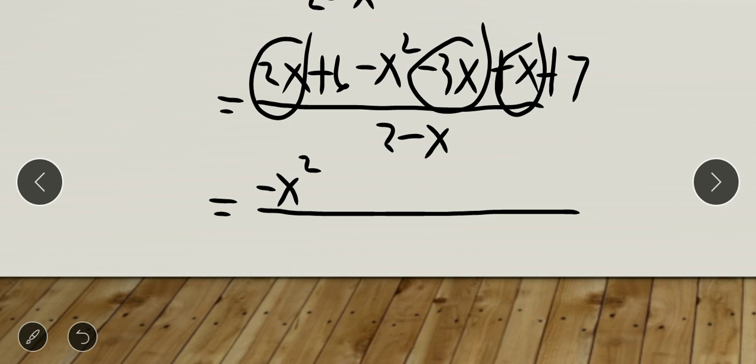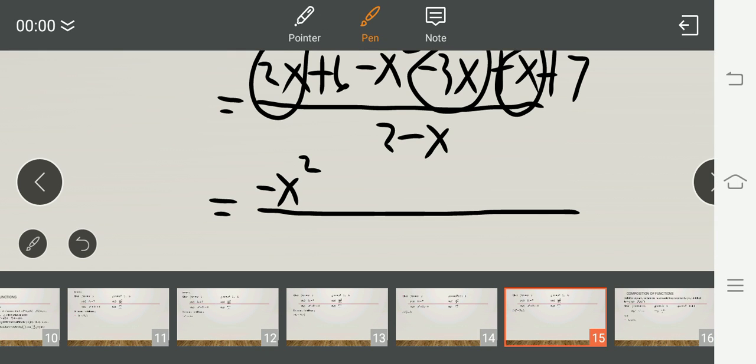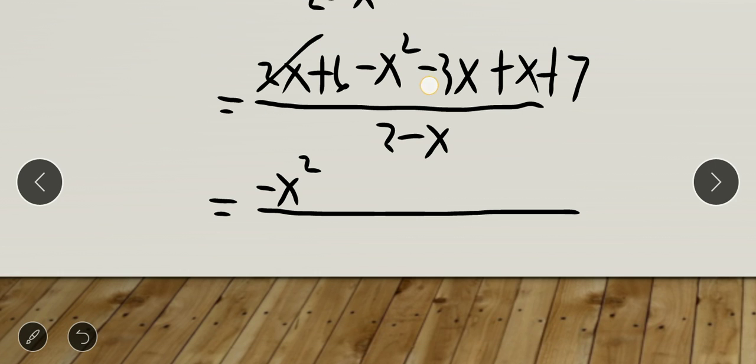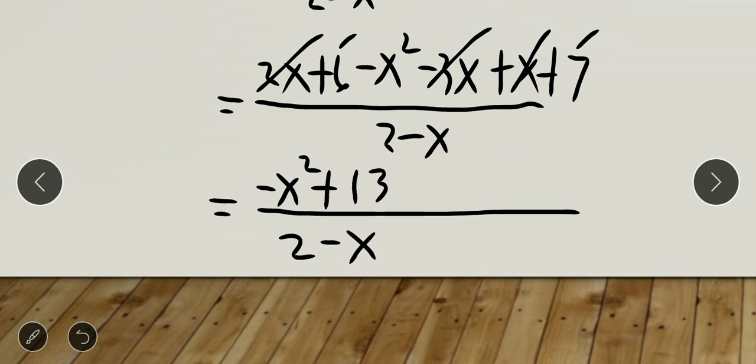So 2 minus 3, that's negative 1, plus 1, that would be 0. In short, we can actually cancel the 3x. And then 6 plus 7, that would be 13 over 2 minus x.